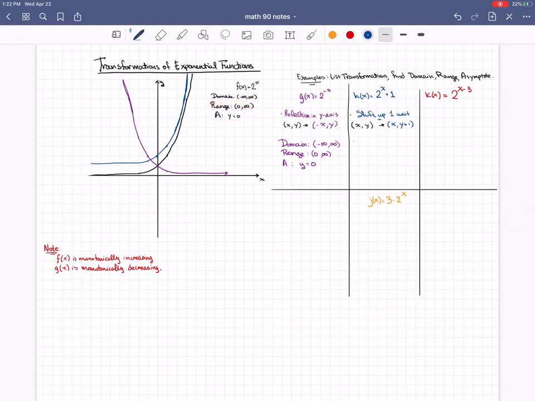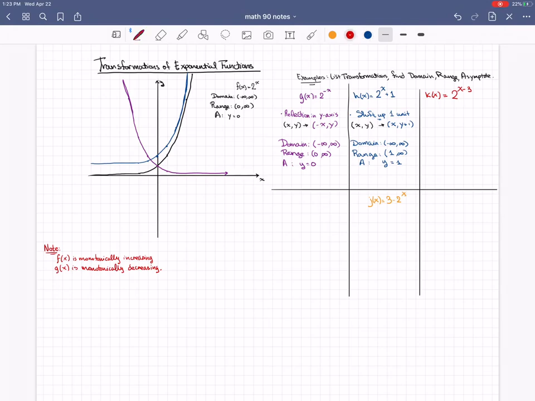Again, the domain, we're almost going to get bored of this, but the domain is all real numbers. Now for the range and the asymptote. That shift upward impacted our range to where now it starts at 1, and it impacted our asymptote to where it shifted up also. So the asymptote is now the line y equals 1.